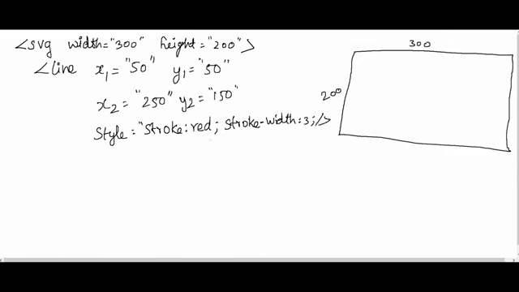Just closing the line tag. I have mentioned x1 and y1, x2 and y2, with one style, right? So x1 and y1 is the starting point, and x2 and y2 is the ending point.